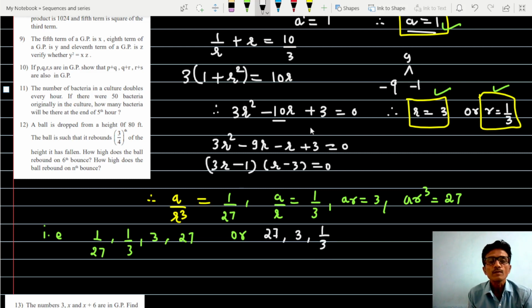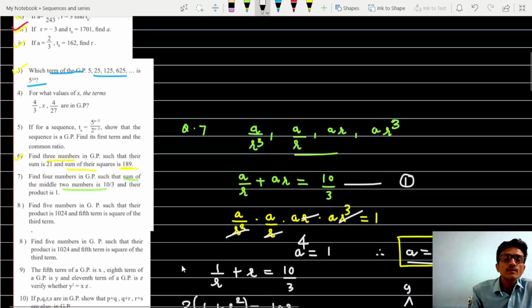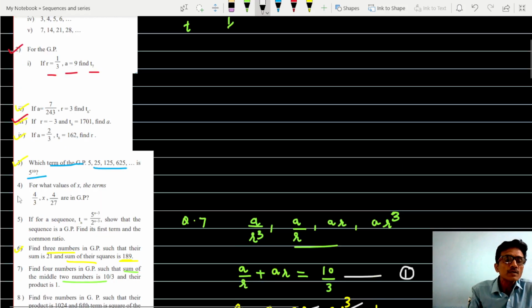So the other numbers are this: a upon r cube, a is 1 and r cube is 1 upon 27, so 1 upon 1 upon 27, this 1 upon 1 by 3 means 3, this 1 into this and 1 upon 27. So either this or this. So these are 4 numbers in GP which satisfy these conditions.